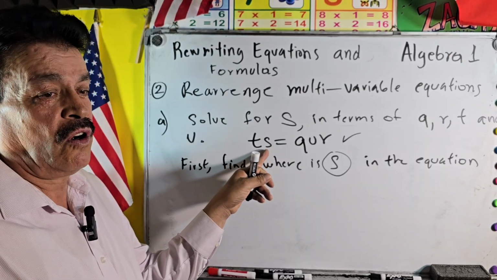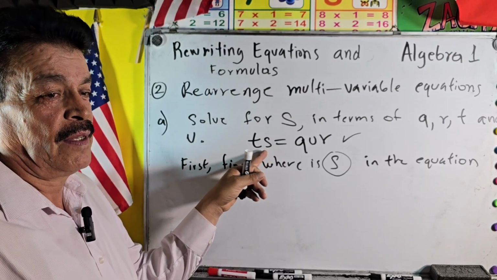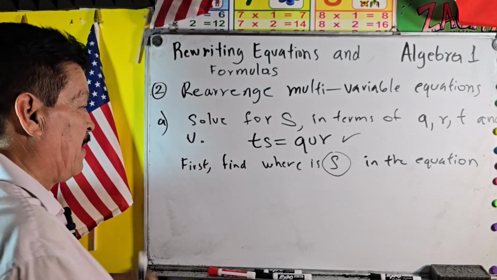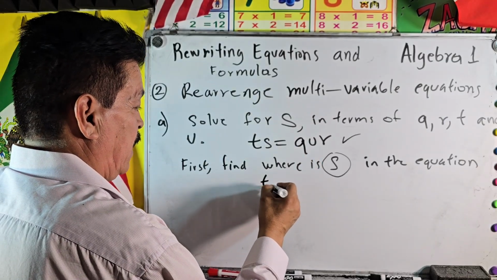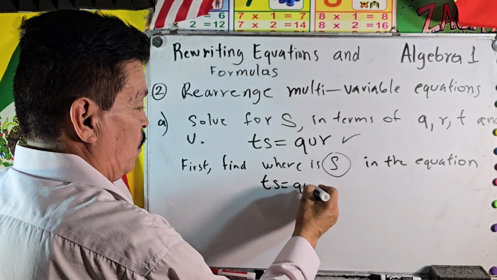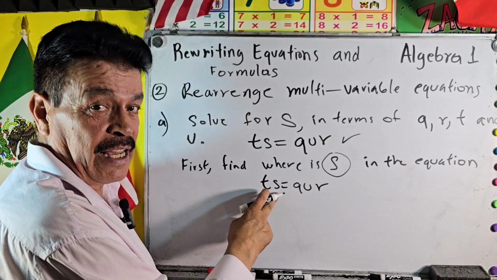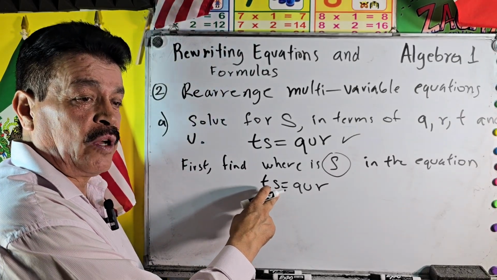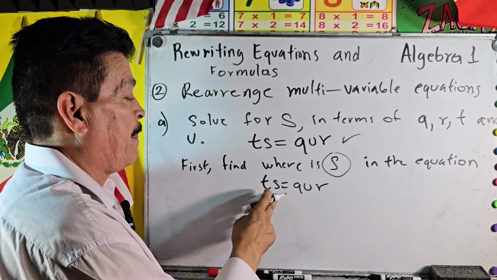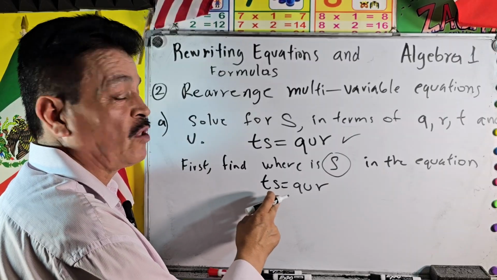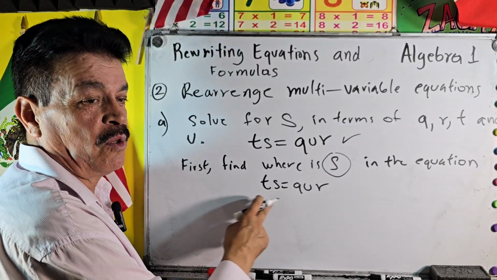So let me write again. We have Ts equals QUR. So what is happening here? The variable s right here is times. It's a multiplication.